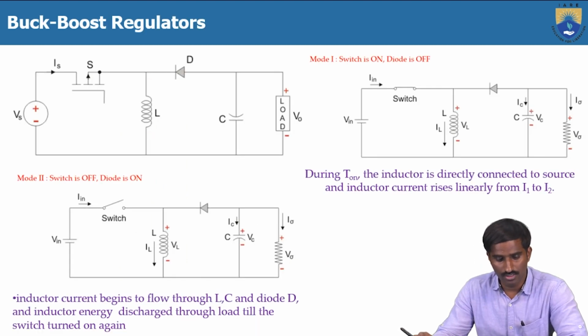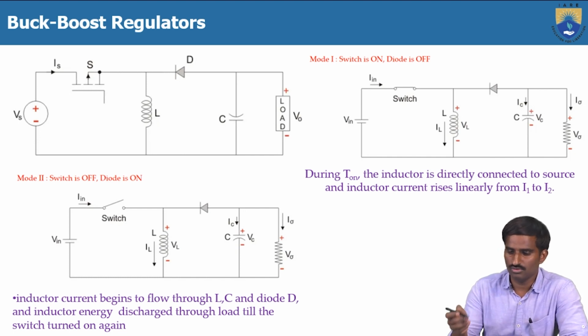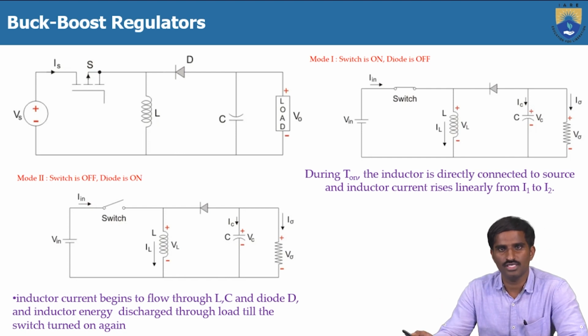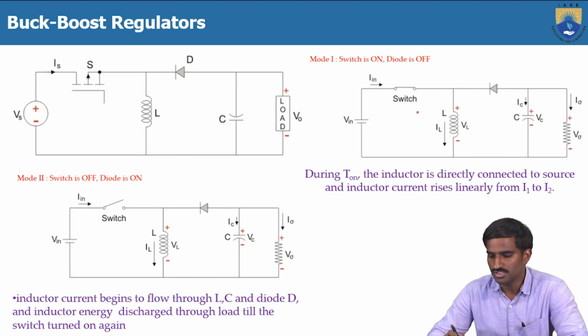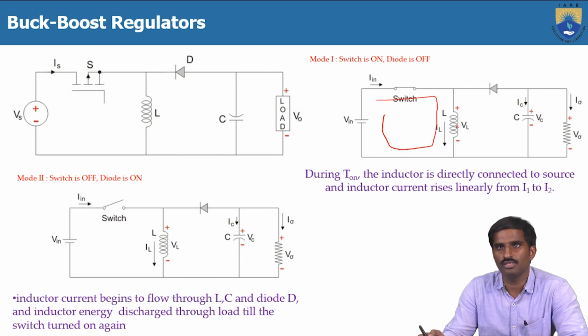Then the buck boost regulator. Again here the circuit diagram is the same as the buck boost converter. Here also there are two modes of operation. In the first mode, we turn on the switch S. While the switch is turned on, the diode is in reverse bias, so it will not allow current to flow through the load as well as the capacitor.